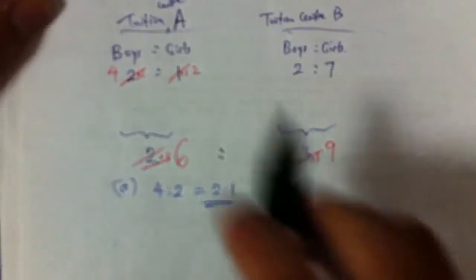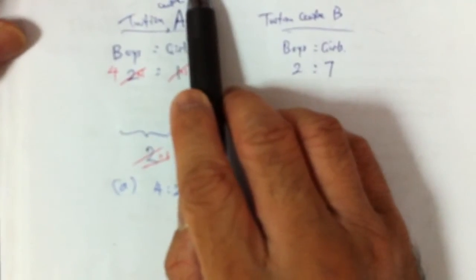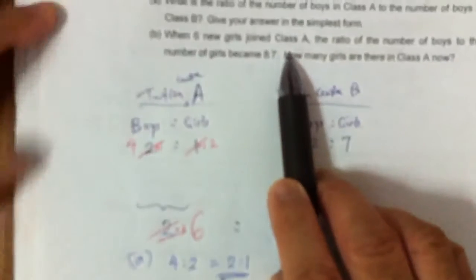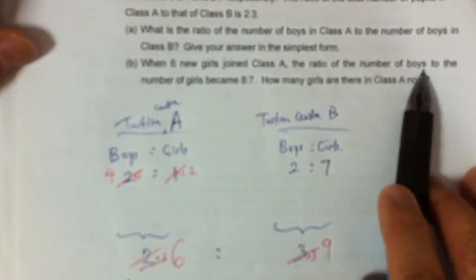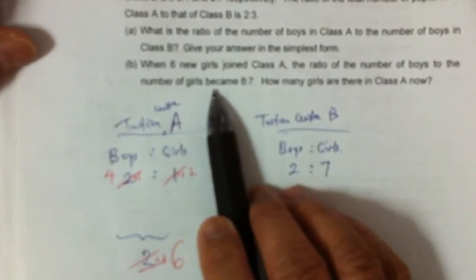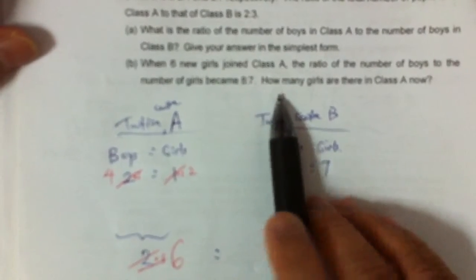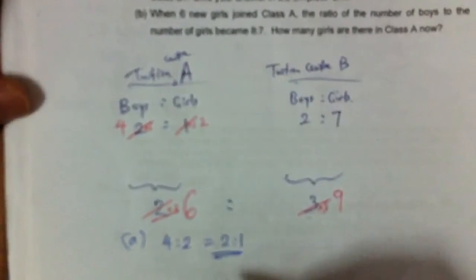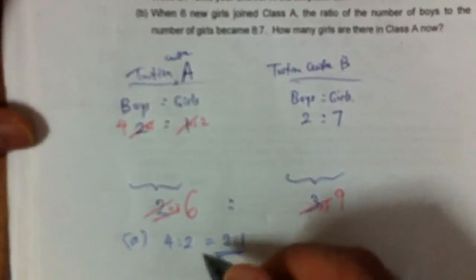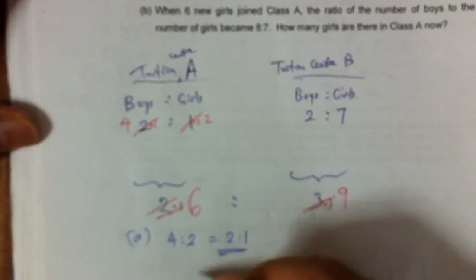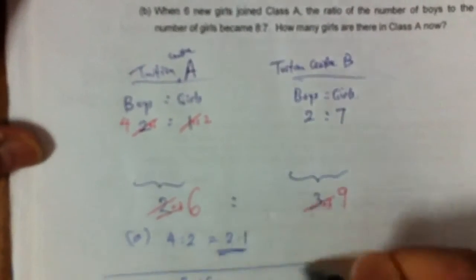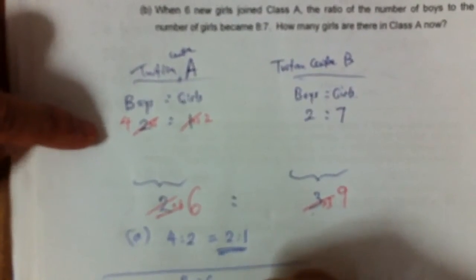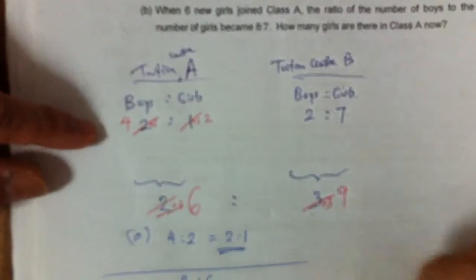Next, we are told that when 6 new girls joined class A, the ratio of the number of boys to the number of girls became 8:7. So we now redraw the tuition center's ratio, and that is boys to girls, given by 2:1 originally.